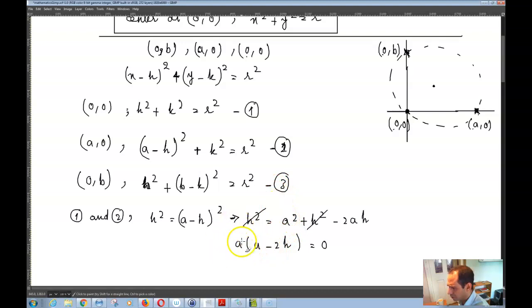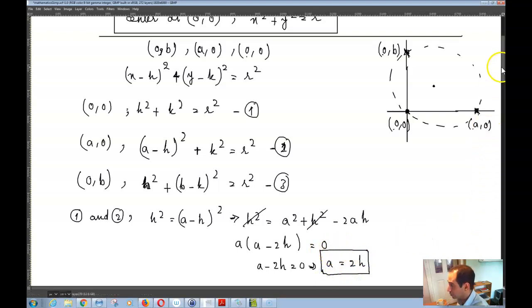Either your a is equal to 0, which is not possible because you want to have some a over here. You don't want your a to be 0. Or you can say that basically a minus 2h is equal to 0, which means that a is equal to 2h.